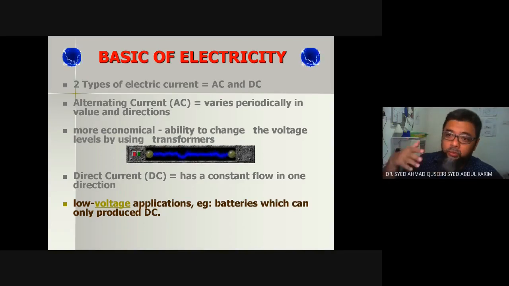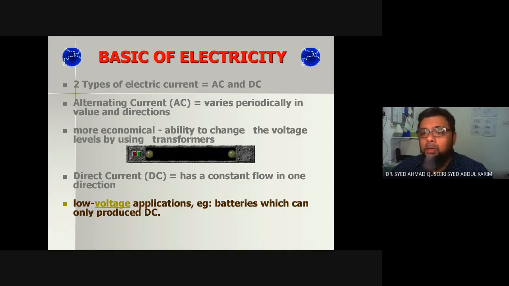At that time America was starting to develop. It needs electricity to power its towns and whatnot. Tesla was promoting AC to be used in towns in America.